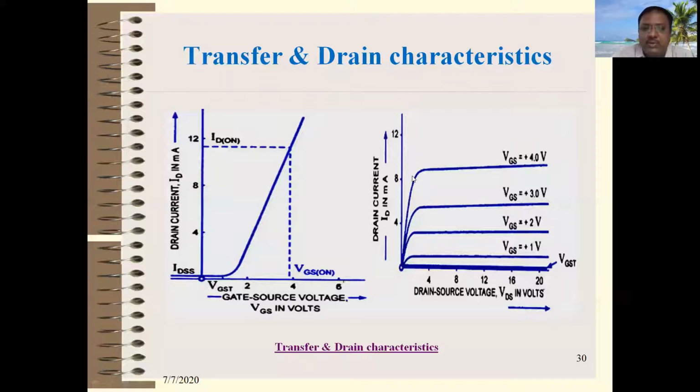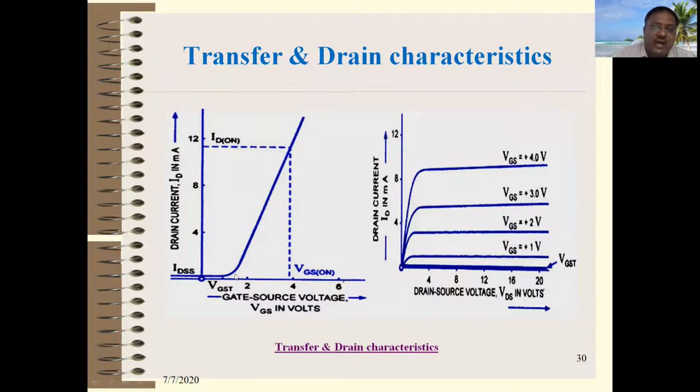Why this happens, we will discuss, or maybe I will show you one video so that you can better understand how and why this happens in a MOSFET. But just remember, if VGS increases, the current ID also increases, right? So this region is called the ohmic region. This small region is called the square root law region, and this flat region where the current is constant is called the saturation region. So this is the drain characteristics.